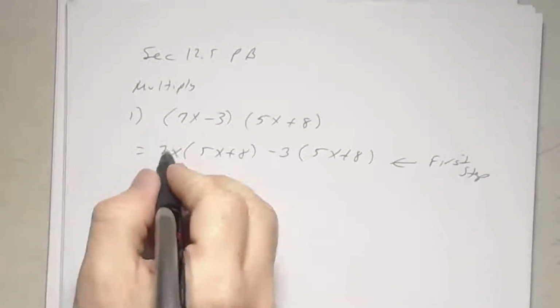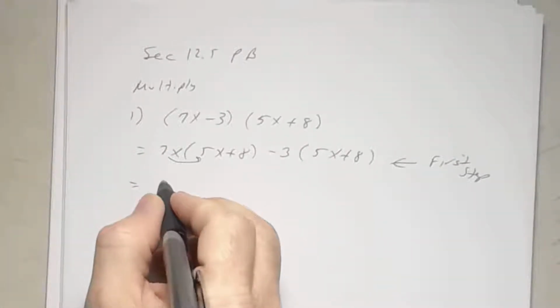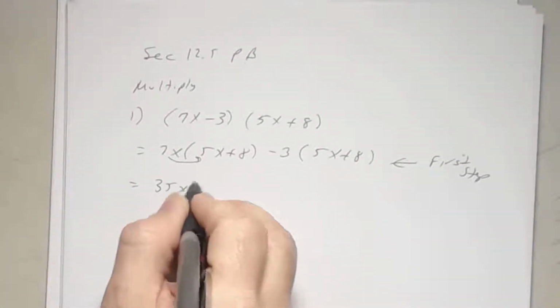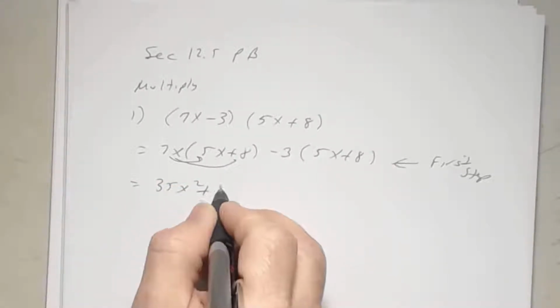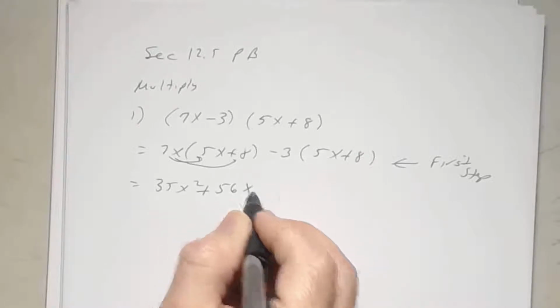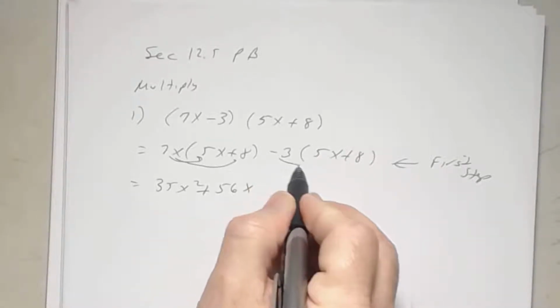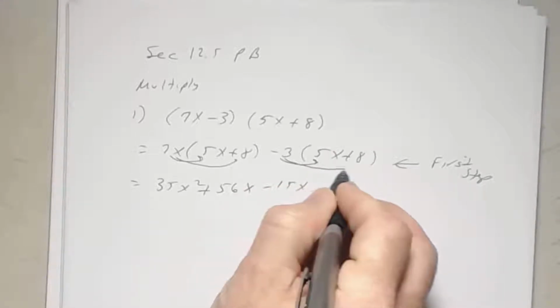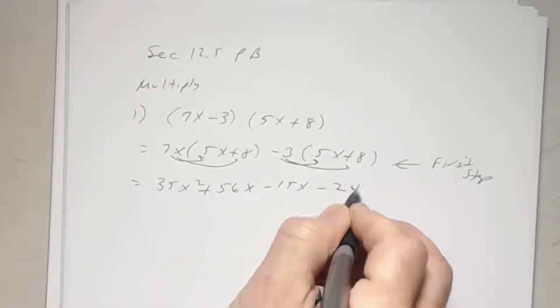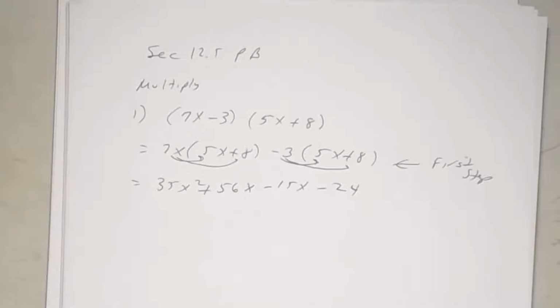Distributive property. So what is 7x times 5x? What is 7x times 8? 56x. And what's the negative 3 times 5x? And what's the negative 3 times 8? And then finally the last step is to combine like terms, and that's what you would put in the inner blank.